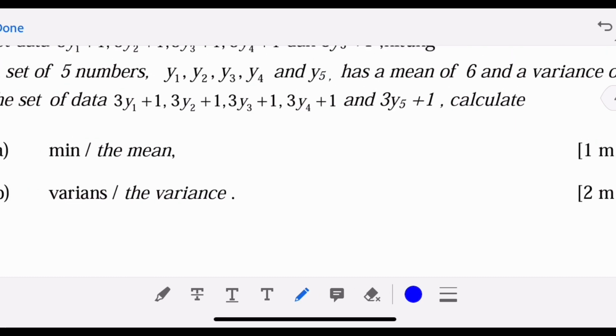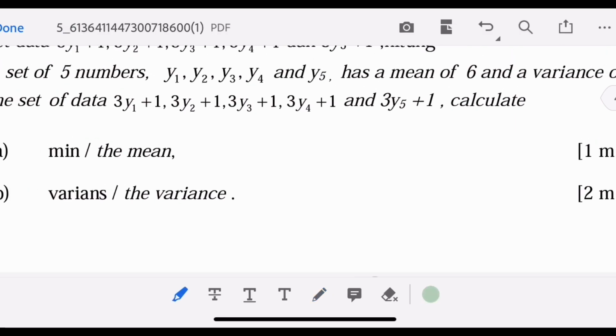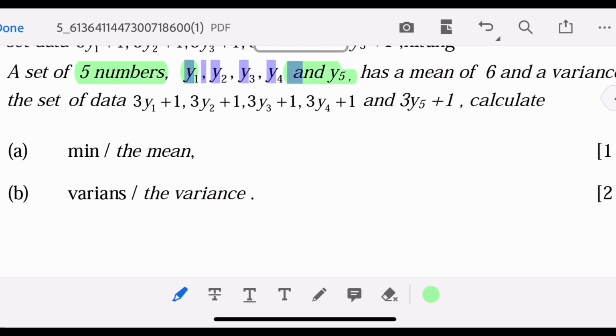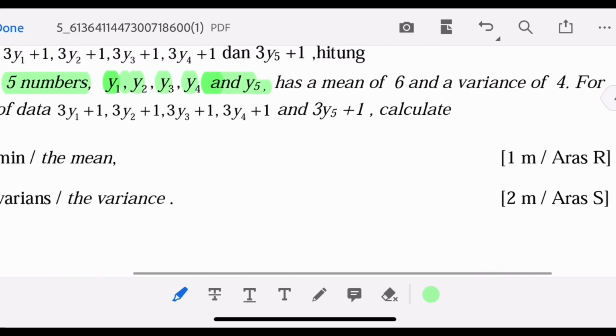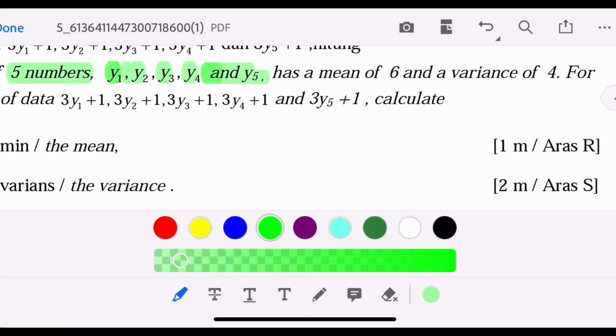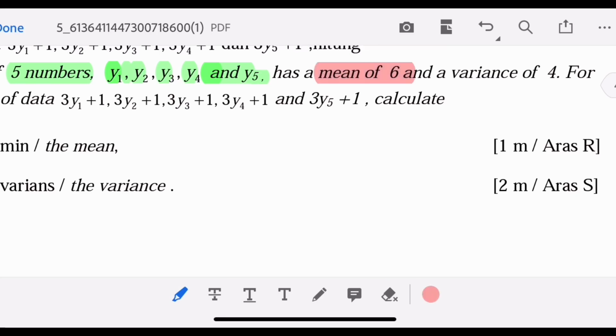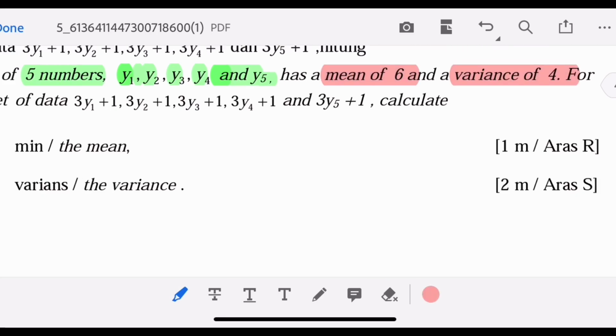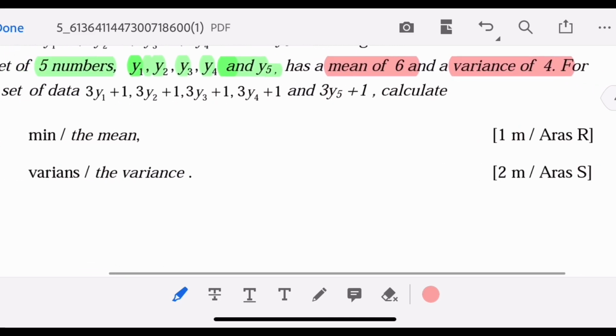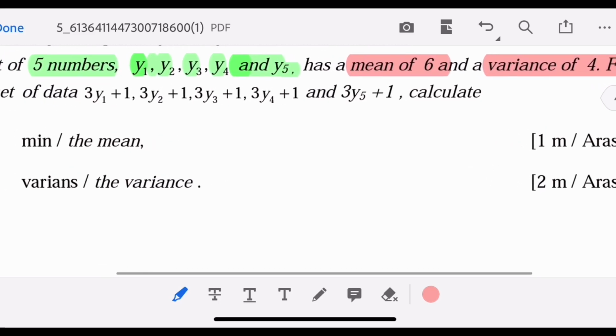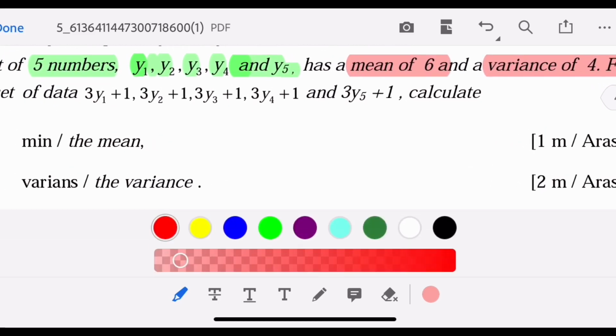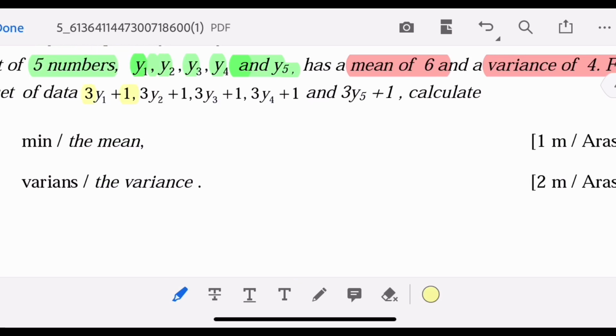You are given 5 numbers, y1, y2, y3, y4 and y5, and all the y values are not given. So you must understand that these 5 data are numbers, and they have a mean of 6 and variance of 4.5.